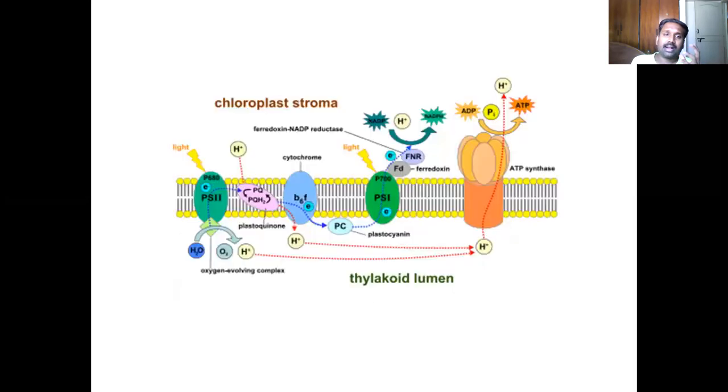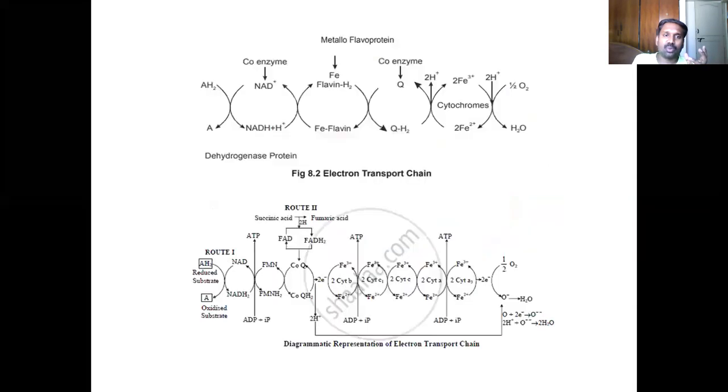Therefore, if we look at the NADH dehydrogenase complex, the coenzyme inside that complex is FMN, flavin adenine mononucleotide.